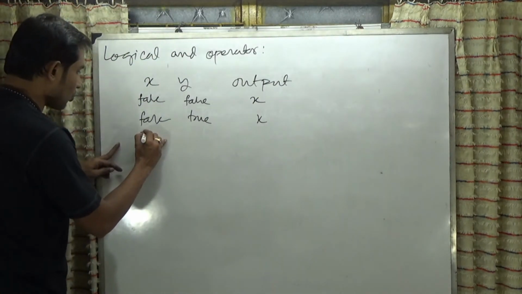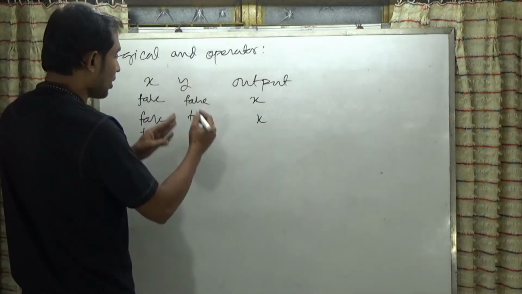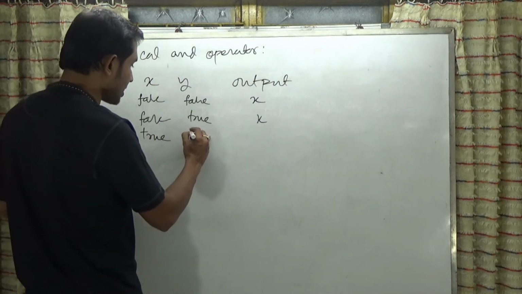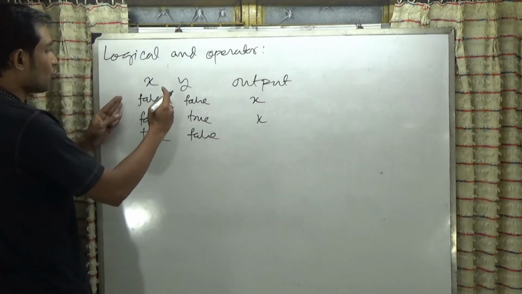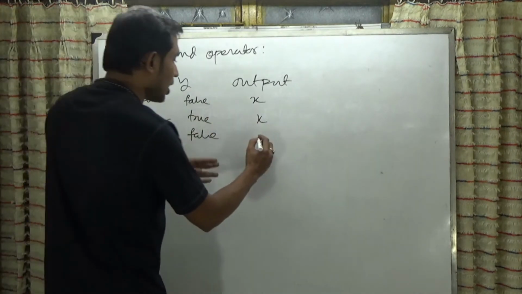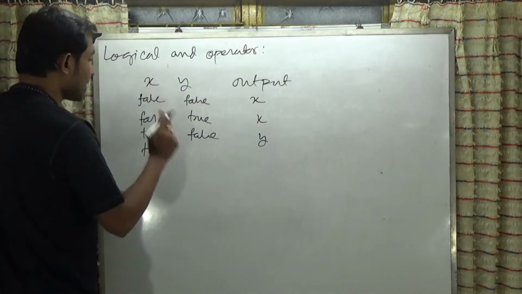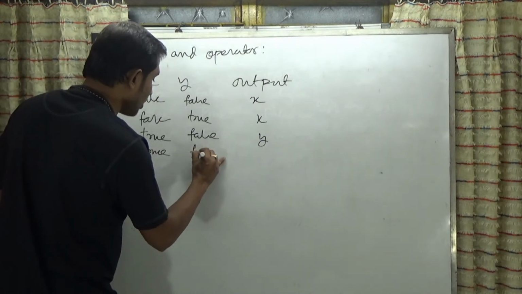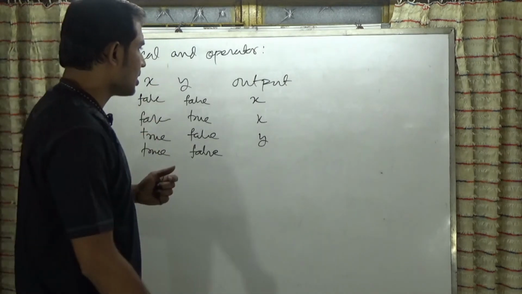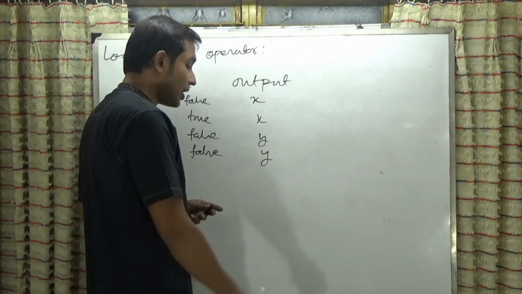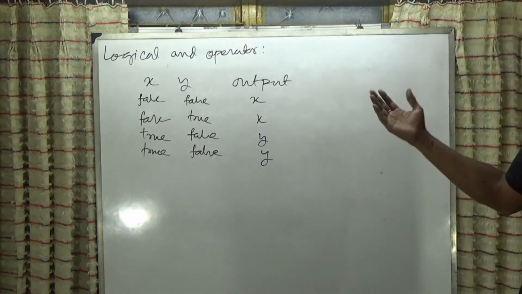And if the truth value of x is true and the truth value of y is false, then the truth value of x is true, so the output becomes y. So in this way it actually works.